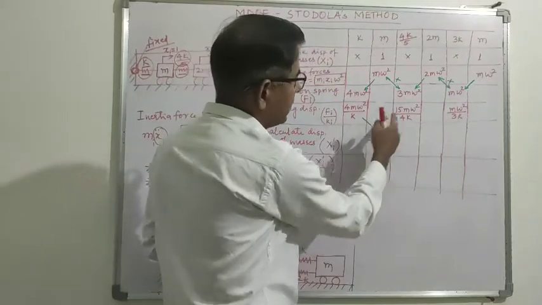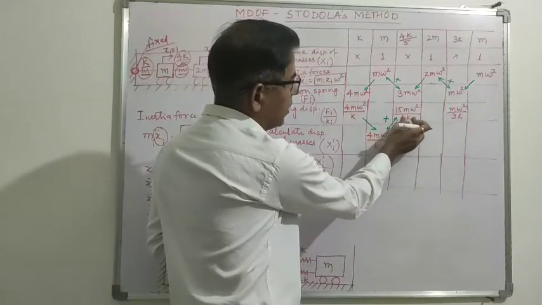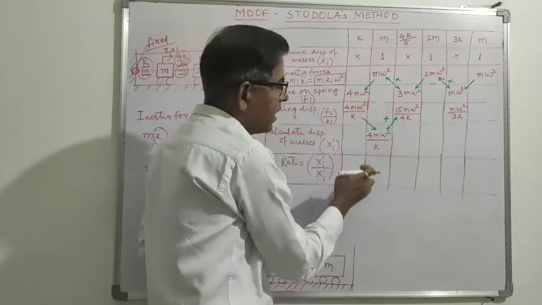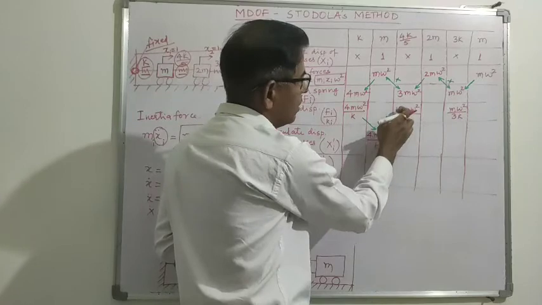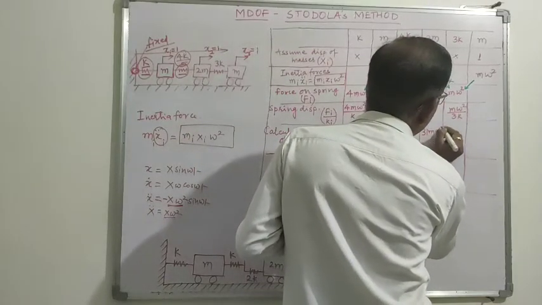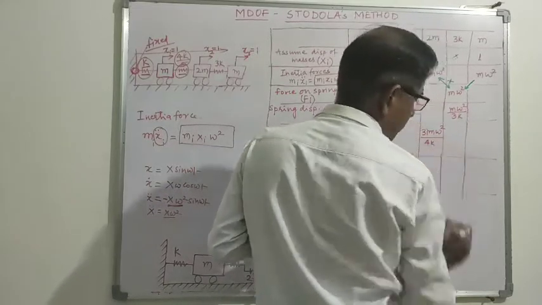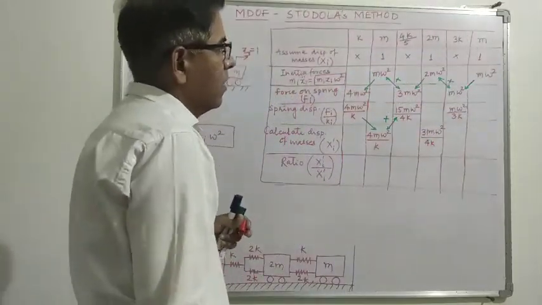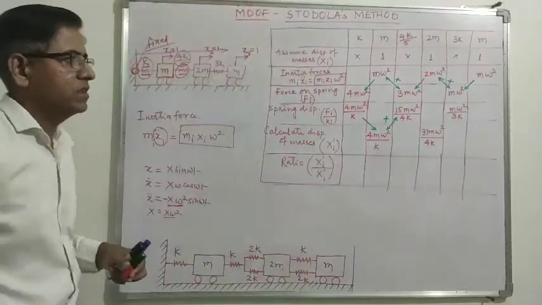For that we have to make the denominator common, so multiply and divide by 4, so this becomes 16m omega square upon 4k. So 16 plus 15 becomes 31 m omega square divided by 4k. This is the amount by which this mass will displace.